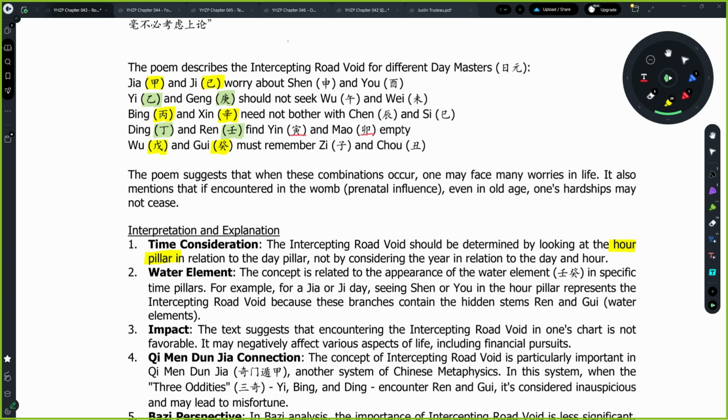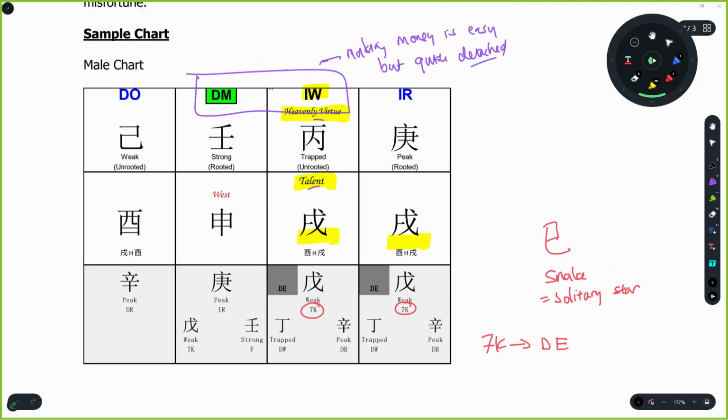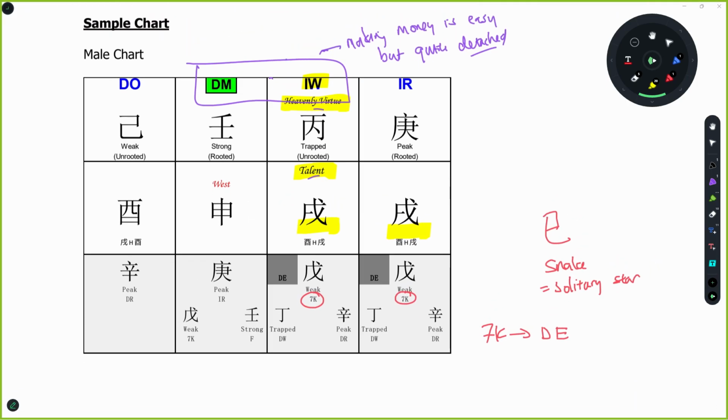And so usually we would argue that this would not be considered proper. So if it's the hour pillar, let's take the sample just now. Let's come back to this chart. This chart has on the hour pillar the Ji earth. If it's a Ji earth, then what would represent the intercepting road void for a Ji earth?